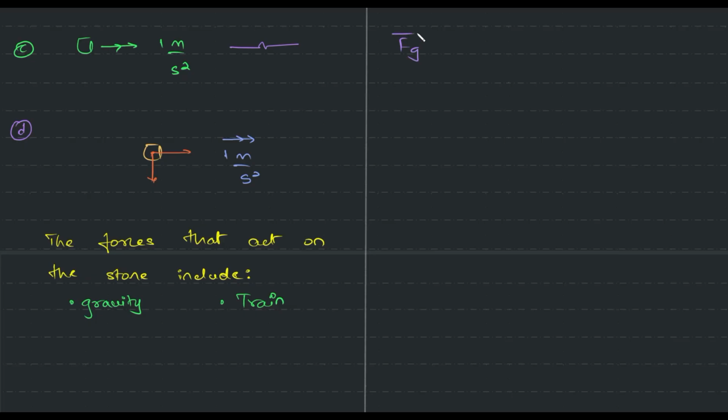Force by gravity will be 0.1 into 10 j cap, if I take up and right as positive. This is minus 1 j cap Newton. And we have the force by the train, which is accelerating at 1 meter per second square.